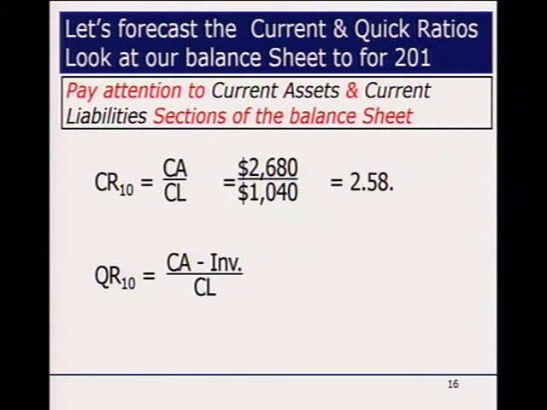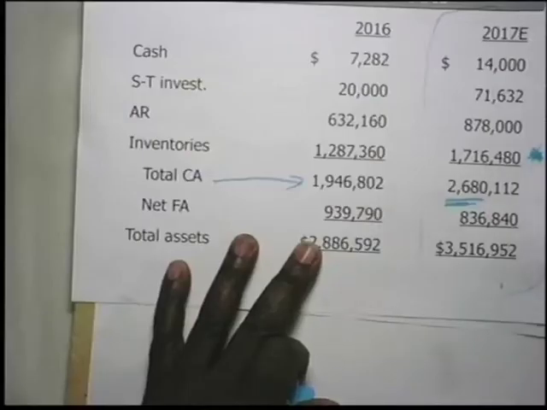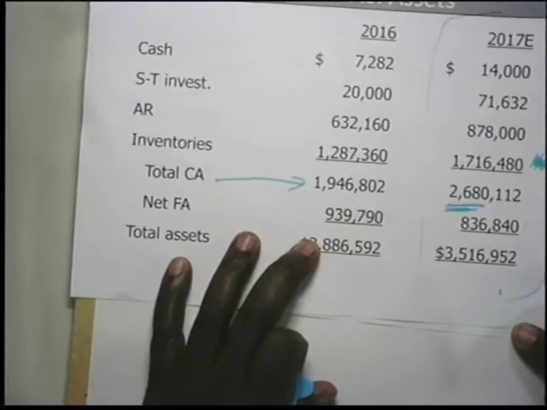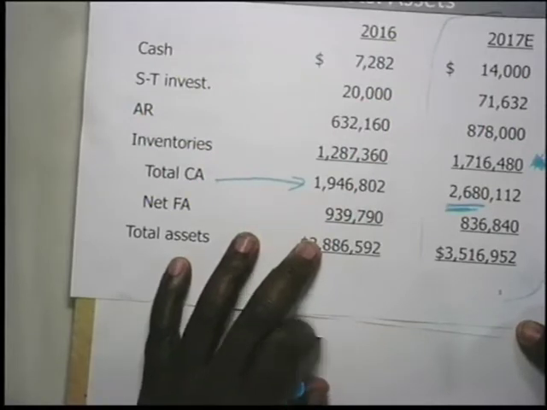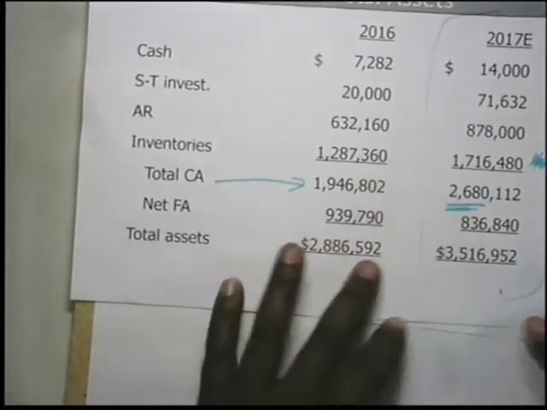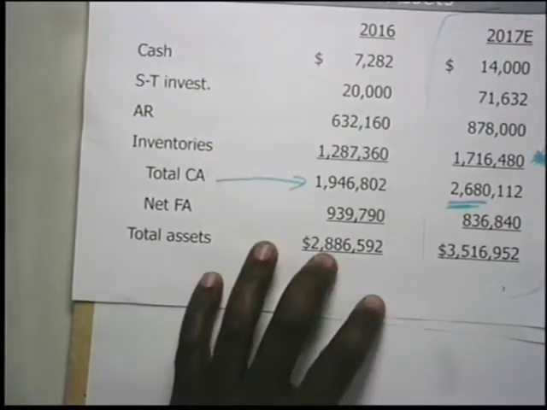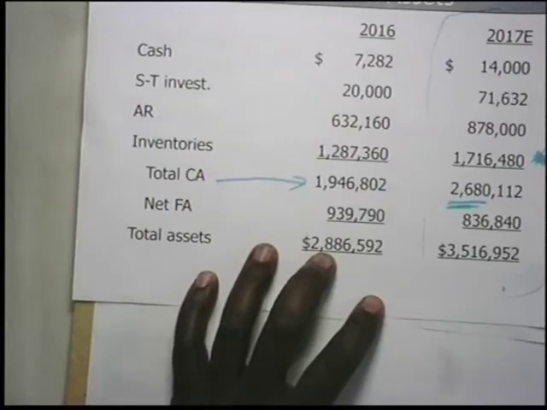We just need to bring in now the inventories figure. From the sheet that I have, our inventories, it's this figure that I've highlighted, 1,716,480,000, which we are going to just record there as 1,716.